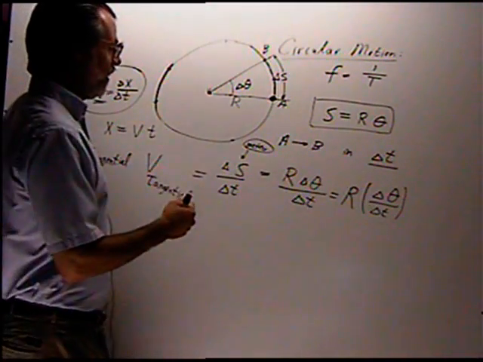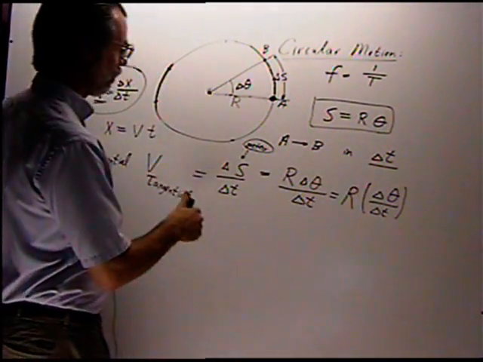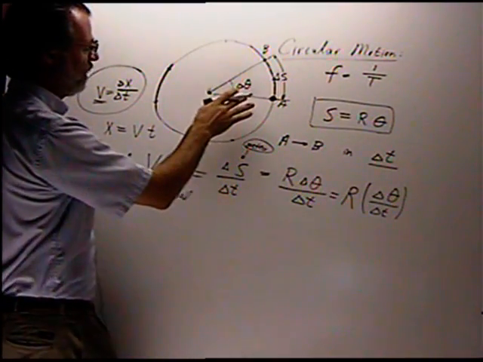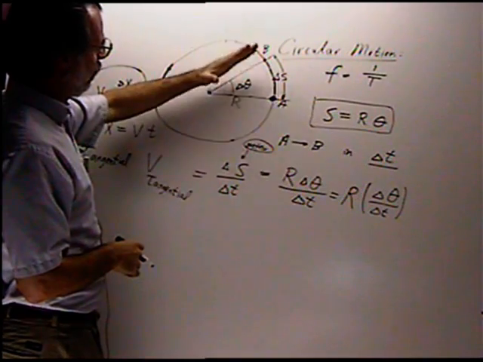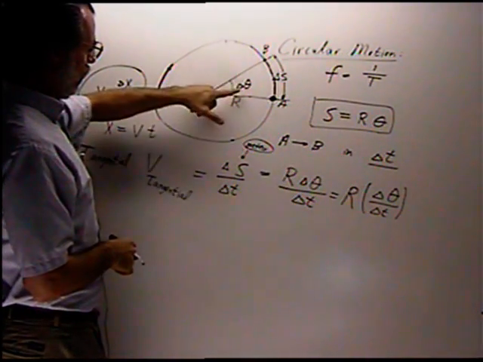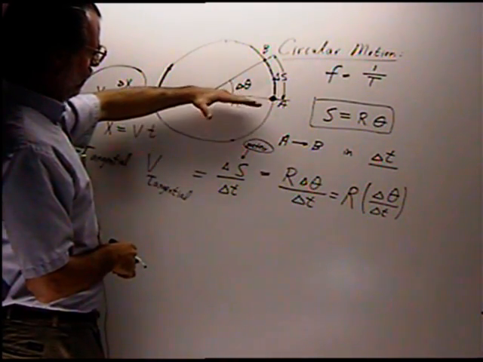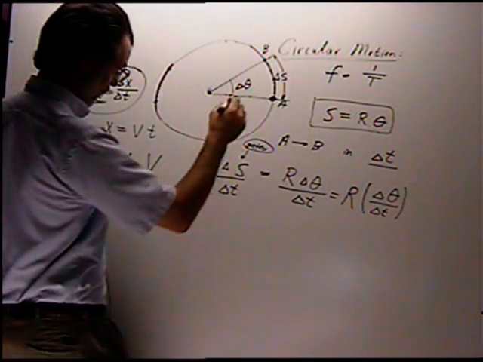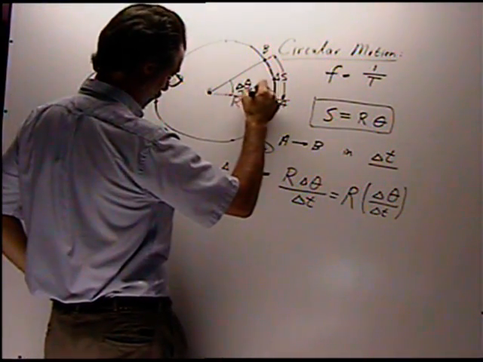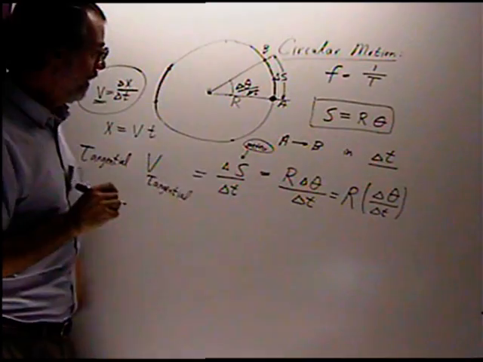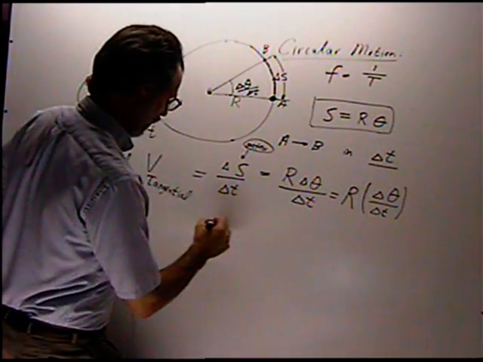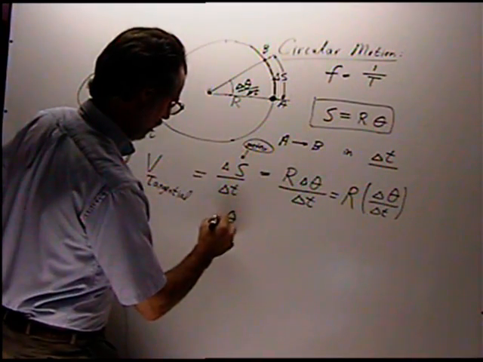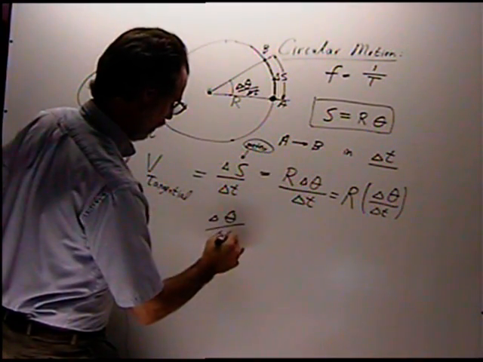Now let's look at this term. Basically what that means is that when the rock spins from point A to point B, it travels through a certain angle, and it travels through that angle in a certain length of time. So what are the units of this? Delta theta over delta t.